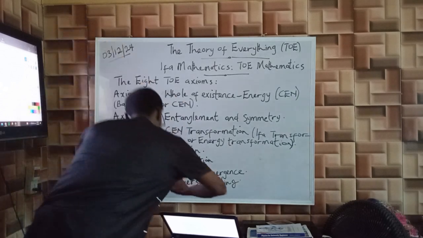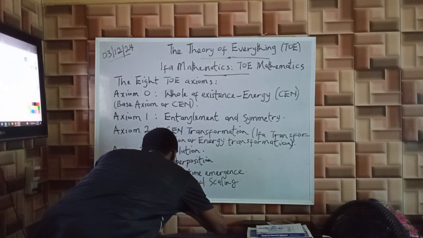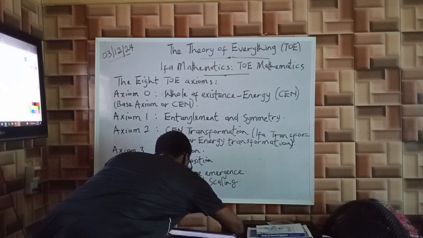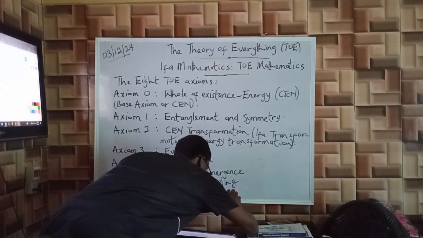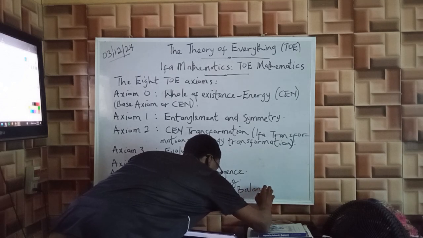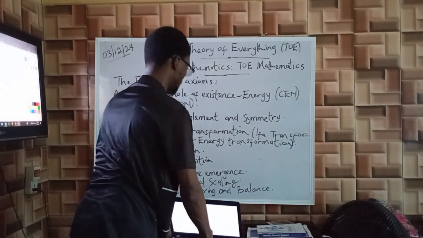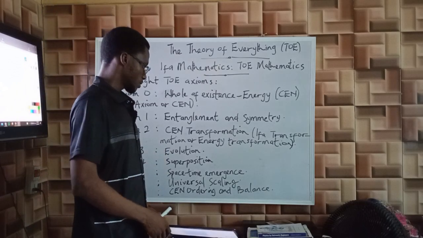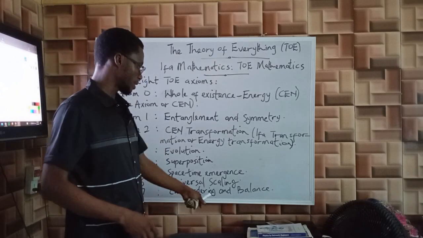So axiom 7 is about ordering and balance.